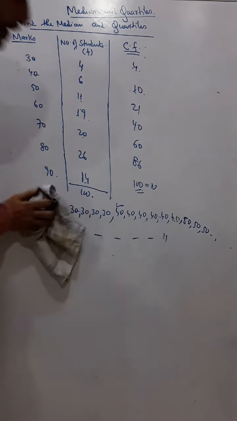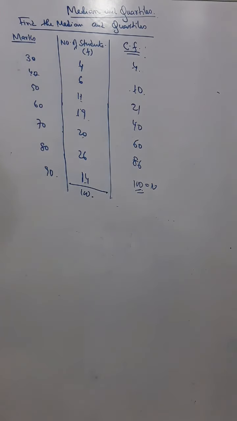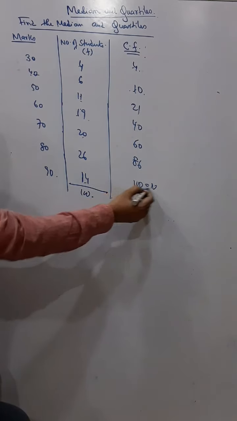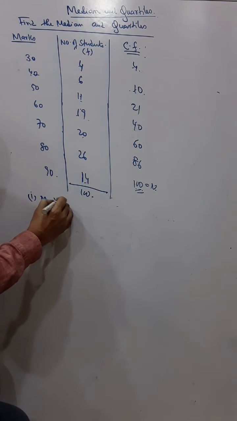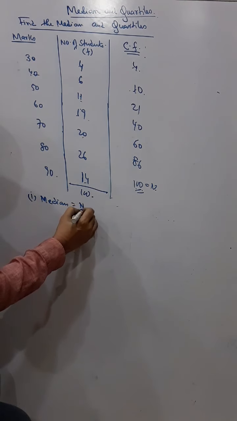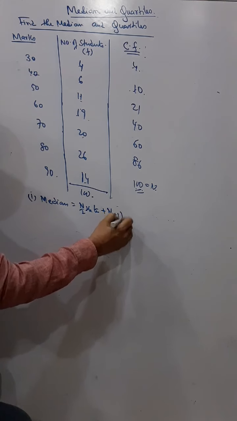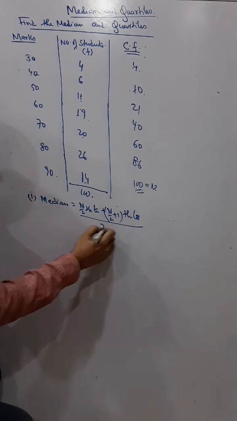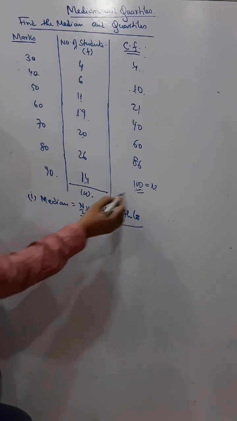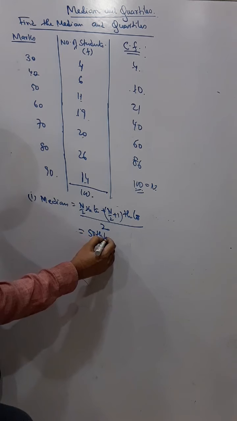And now from this cumulative frequency we can calculate the median and quartiles. So again n is equal to 100. Try to understand, median will be what? Median will be the n by 2th term plus the n by 2 plus 1th term, divided by 2. So 100 by 2 gives the 50th term.